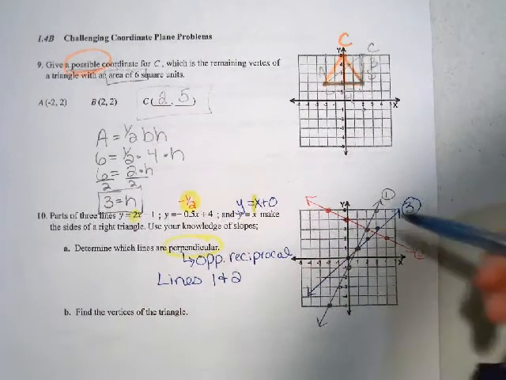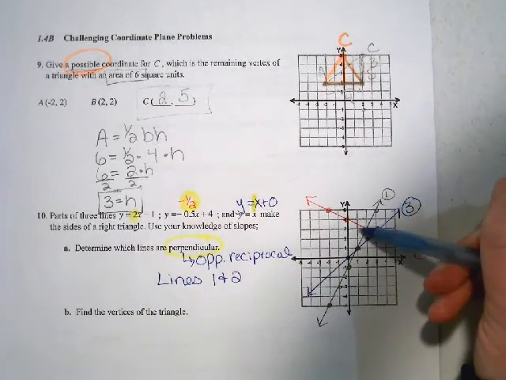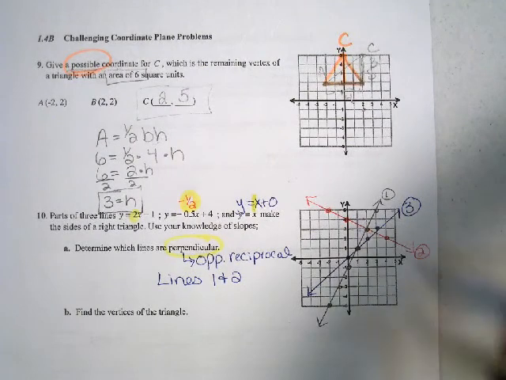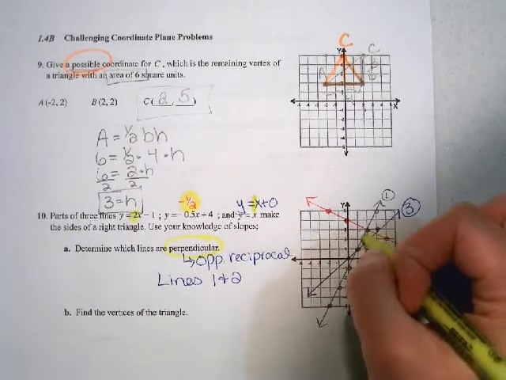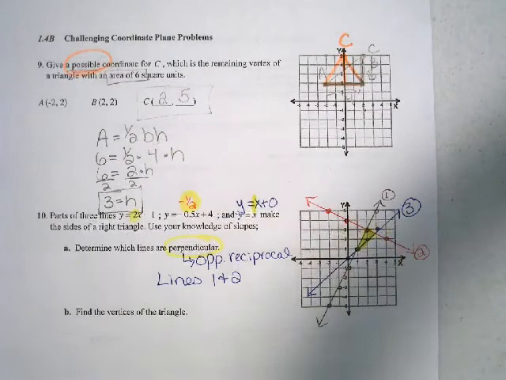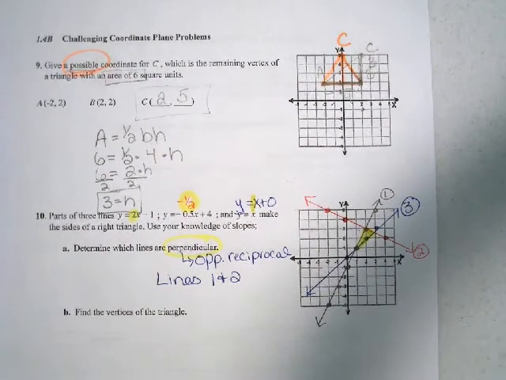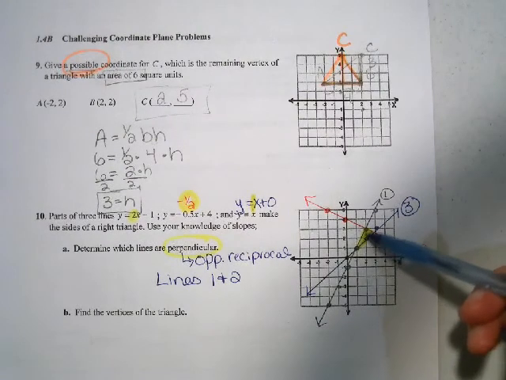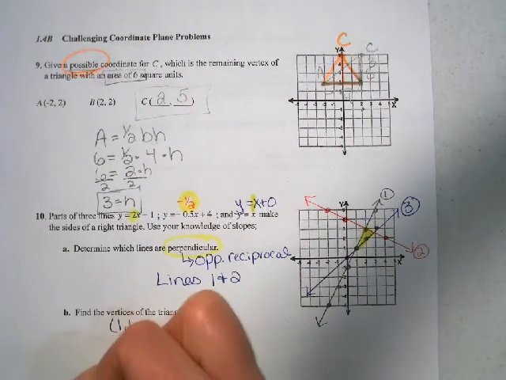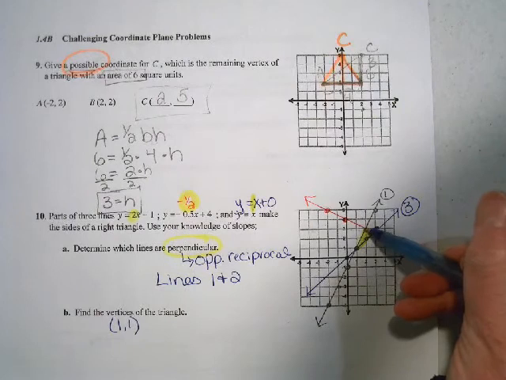So do you see how the 2 and the -1/2 are opposite and reciprocals? So which lines are perpendicular? I would say lines, let's just say 1 and 2. So line 1 and line 2, they must form a 90-degree angle. So that makes the right triangle. So here's my triangle. So that makes the right triangle that they told me about in the directions.